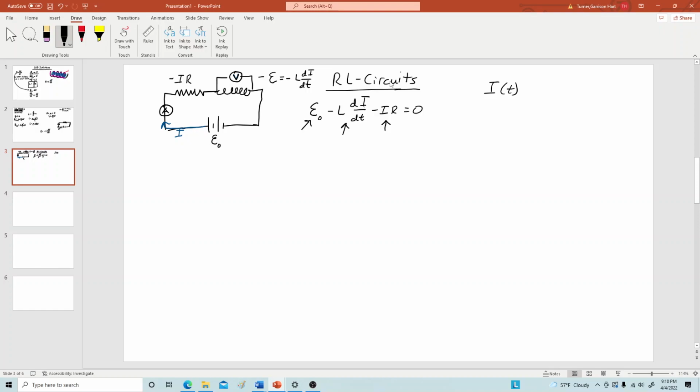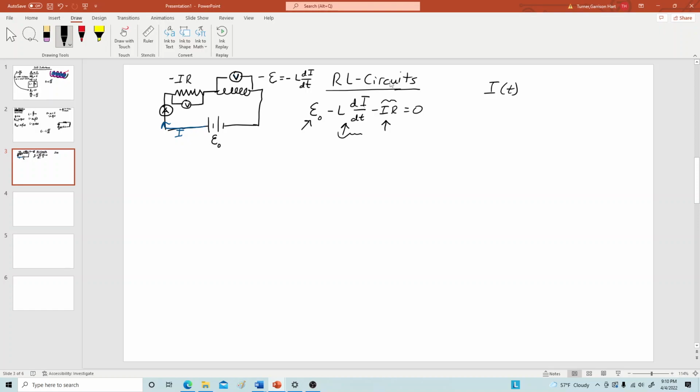And that means the voltage across the resistor will also be a function of time. Now, the potential from the battery is set. That's not going to be a function of time, but this will be a function of time, and this is a function of time. So, what do we do with this equation?